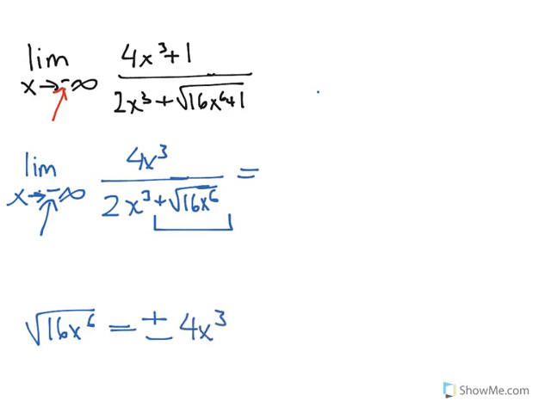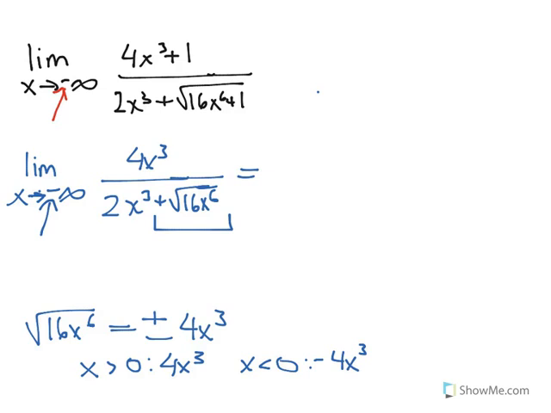Whenever x is greater than 0, we choose 4x cubed. But whenever x is less than 0, we choose negative 4x cubed.